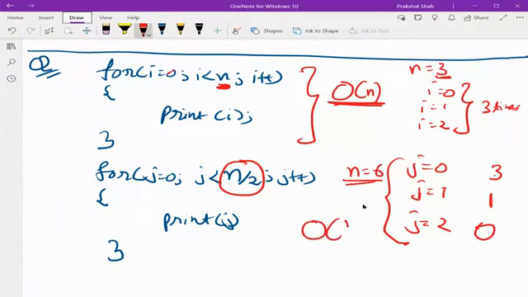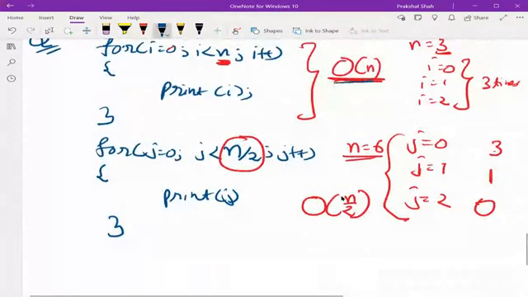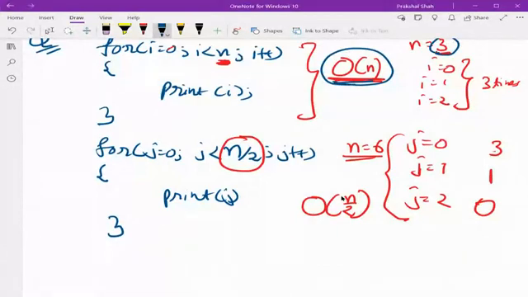So can I say that it will run for how many times? Order of n by 2, because 6 by 2 is what? 3. Yes or no? So if you see here, my first loop was running for n times for any n. Here I have taken n equals to 3, here I have taken n equals to 6, but for any n, it will run for n time.